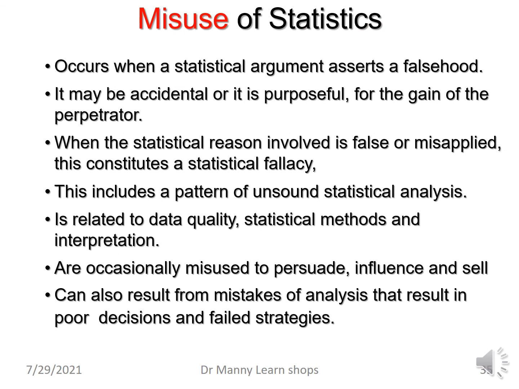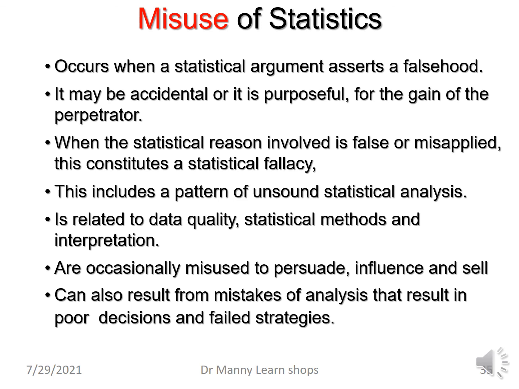Statistics can also be misused. This occurs when a statistical argument asserts a falsehood. It may be accidental or it may be purposeful, depending on the agenda of the perpetrator. When the statistical reasoning involved is false or misapplied, this constitutes a statistical falsehood, a fallacy.